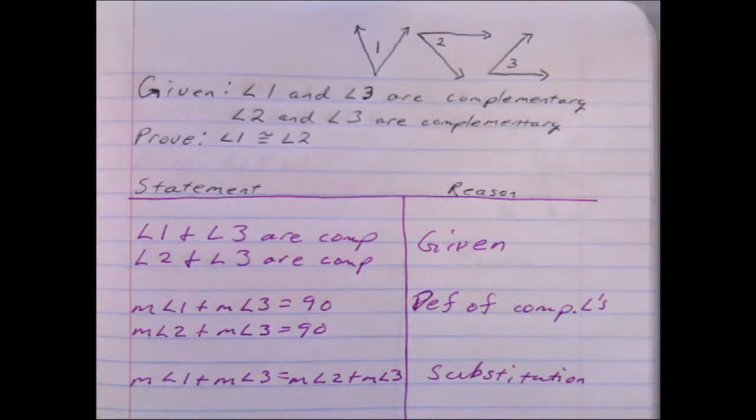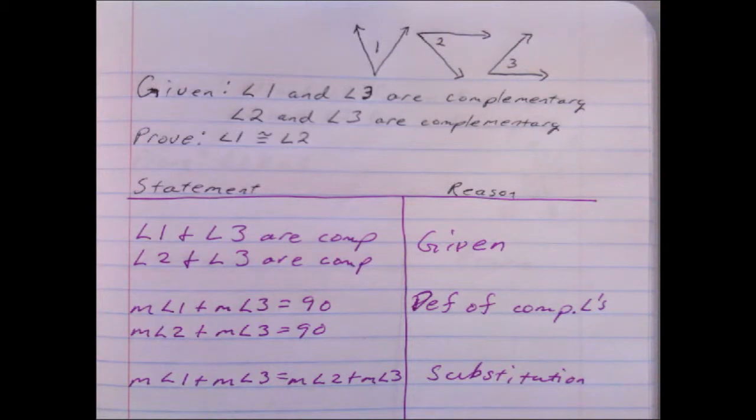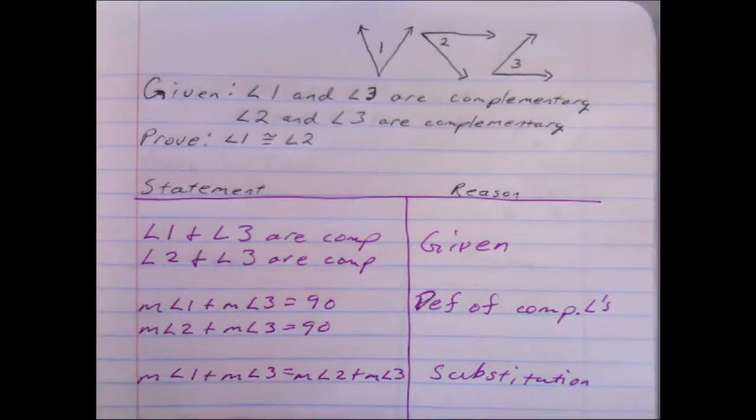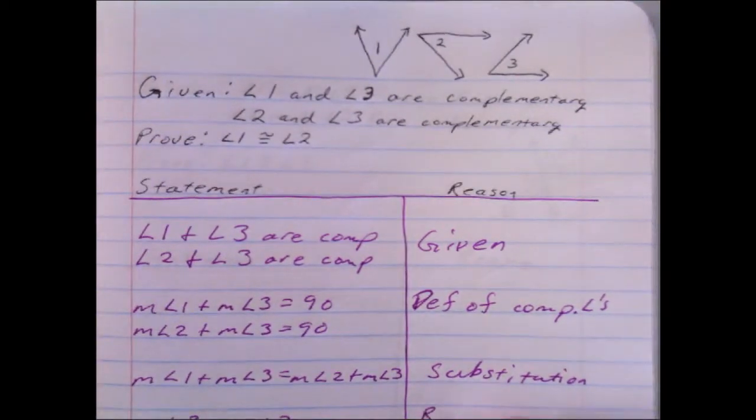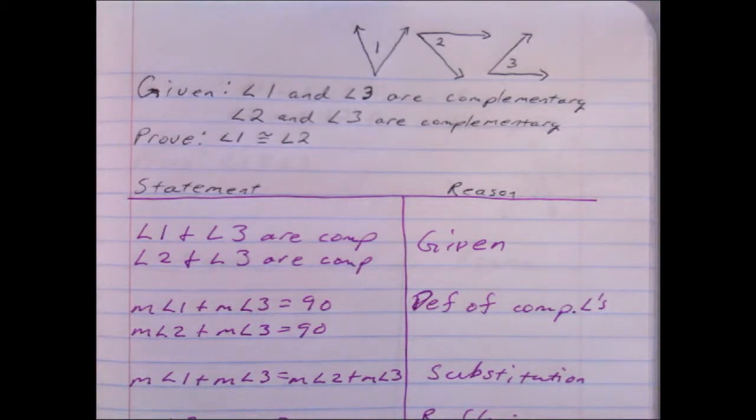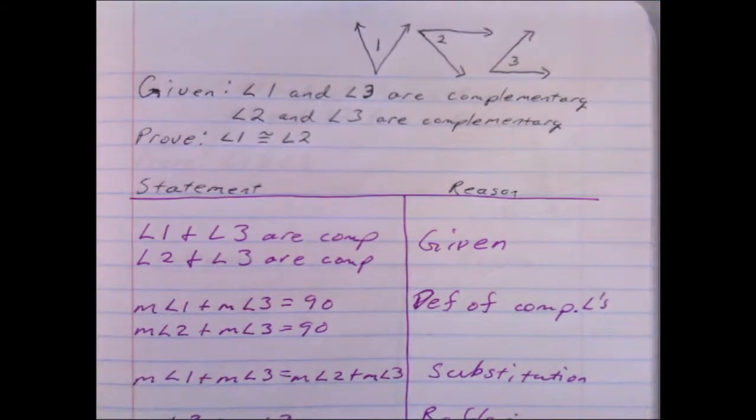Alright, so then the next thing that I'm going to do here is I'm actually going to use my reflexive property. So we know that the measure of angle 3 equals the measure of angle 3. That is reflexive. Okay, so since I know this, oh, I am so sorry, let me scoot that up for you.